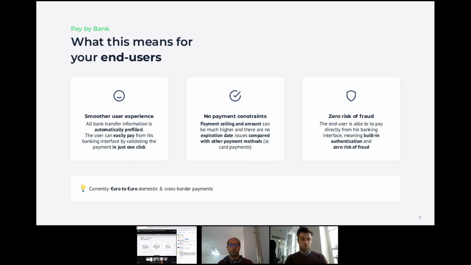In terms of fraud for the payer, it's also extremely reassuring because he's going to be redirected. He will have to log in, and so he will feel that he's completely in control of the environment and should have zero risk of fraud. So these are the benefits for the payer.